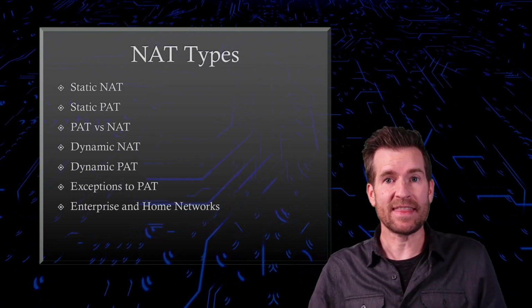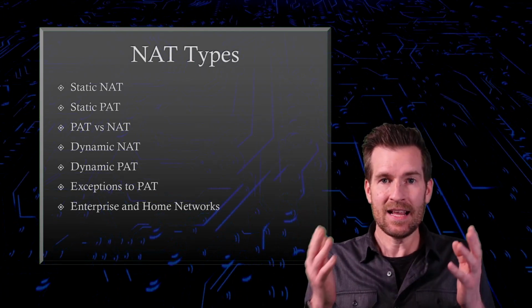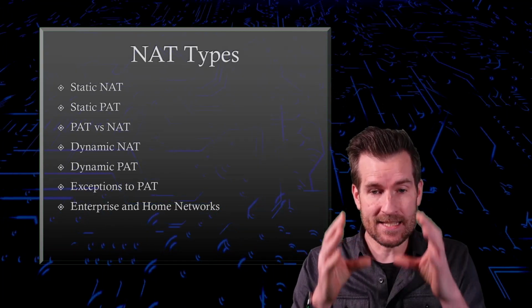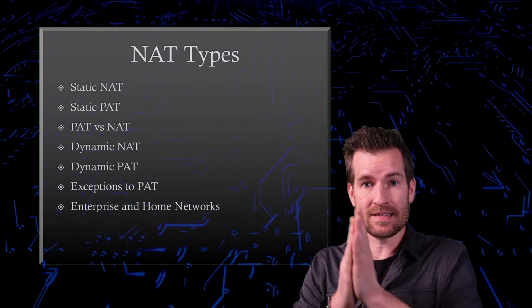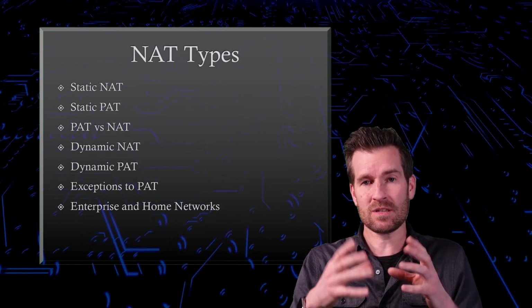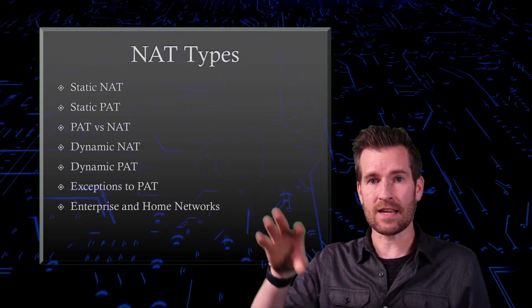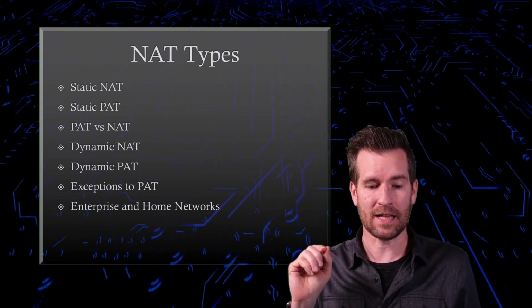So there you have it. That's the difference between static and dynamic and PAT and NAT. Static means that you've specifically said these are the addresses that are going to be translated to these addresses, versus dynamic just means that you have these available, and as a machine goes to the outside world, it picks up one of these available addresses.